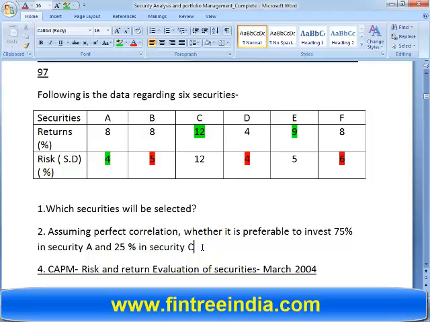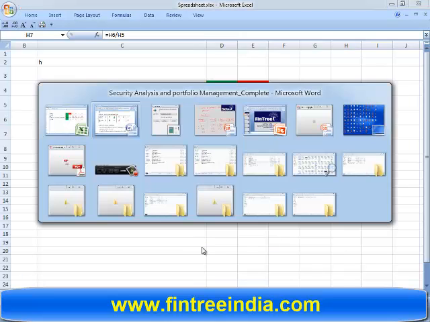Standard deviation into weight of one security, brackets of second, whole brackets, under root. If the correlation is one, then it will be simply addition. Perfect correlation is one.